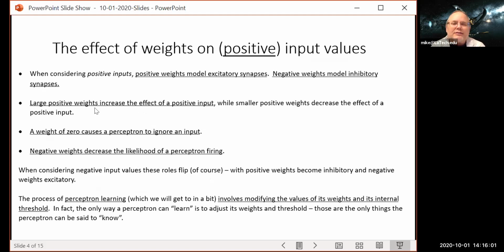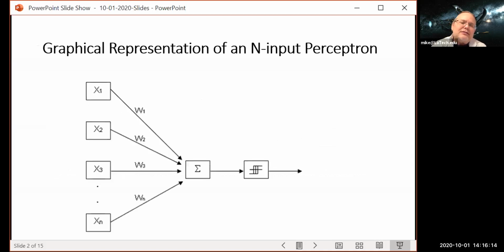Large positive weights will increase the effect of a positive input, while smaller positive weights decrease the effect of a positive input. So let's say this guy has a 5, right?